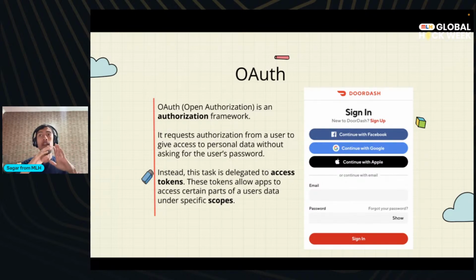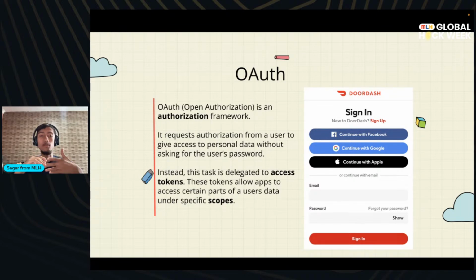So we can define the scope of what we actually want the application to receive. After we allow everything, we get redirected back to the application like DoorDash, and they will already have all of our details. That way we can skip the traditional sign up or sign in process, and we get directly logged into the application. That is how it works.